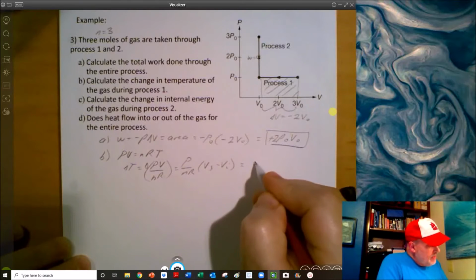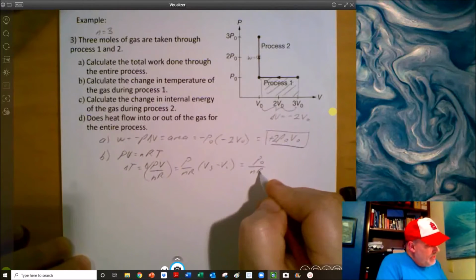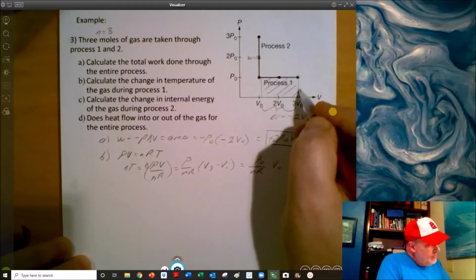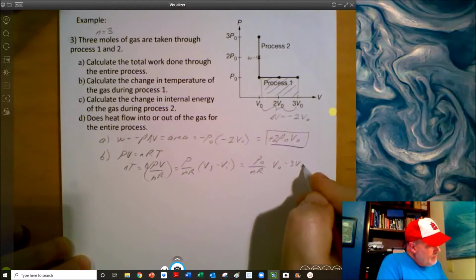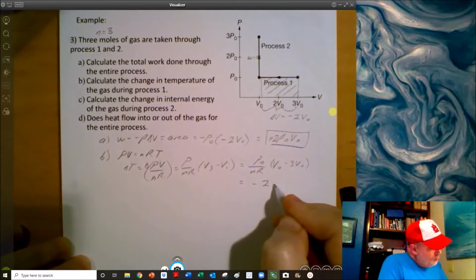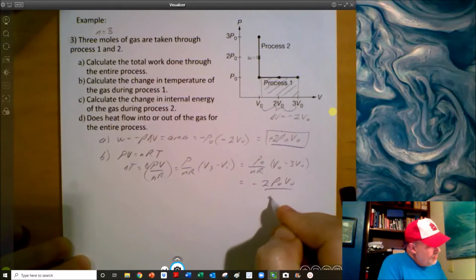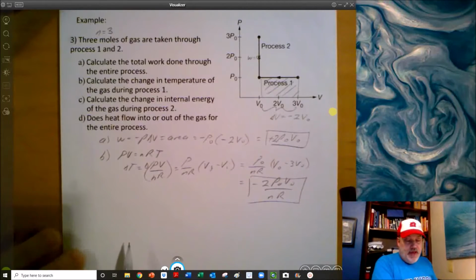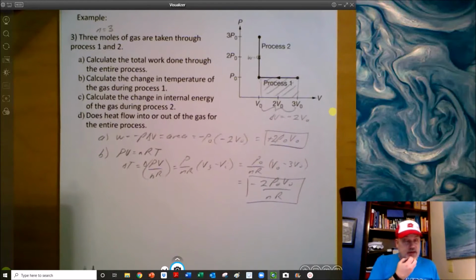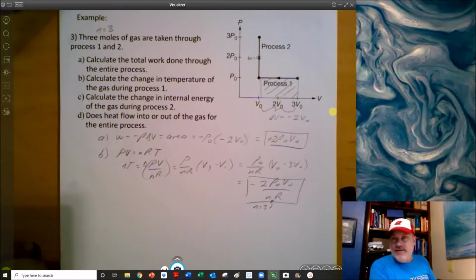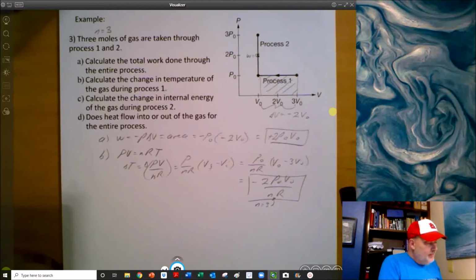So that would be P naught over nR. Our final is V naught, and our initial is 3 V naught. So we end up with negative 2 P naught V naught over nR. All right, now they did give us the number of moles up here, N equals 3. You can plug that in if you want. I'm just going to leave it as N for this particular problem.